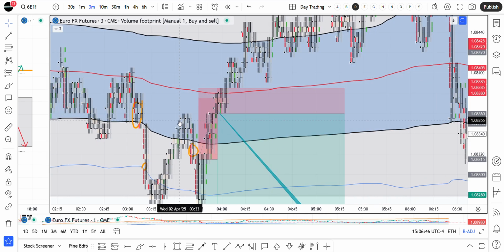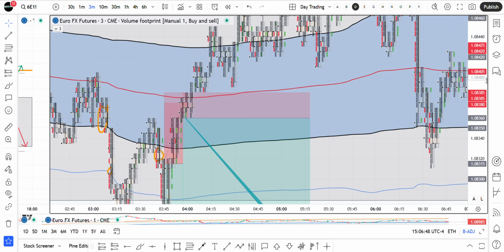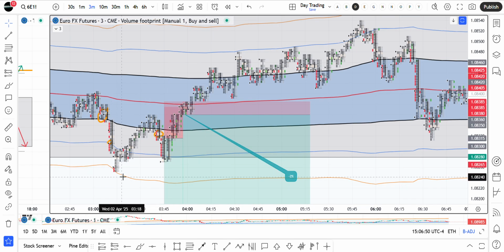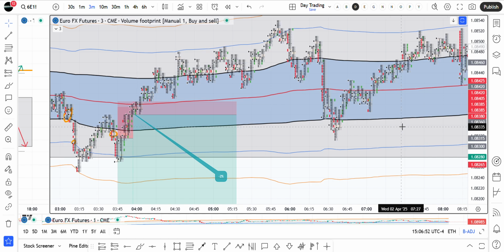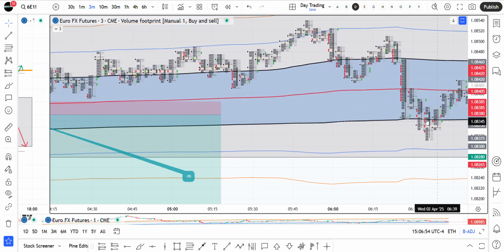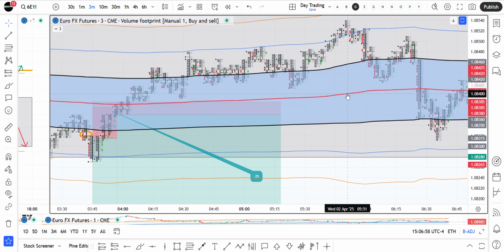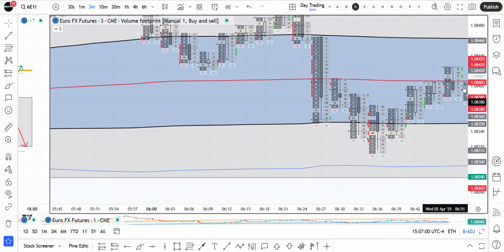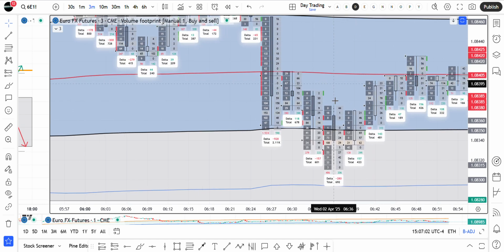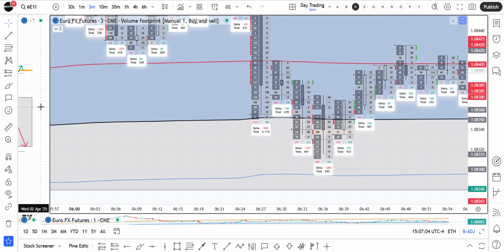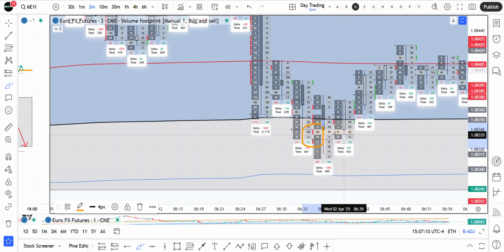And then you see for the rest of the day, that stays intact. This should have been the level where I'm getting long. Up here, maybe I'm getting long. Let's actually check the volume here. You see, that's exactly what I meant. You have this large amount of quote unquote selling.